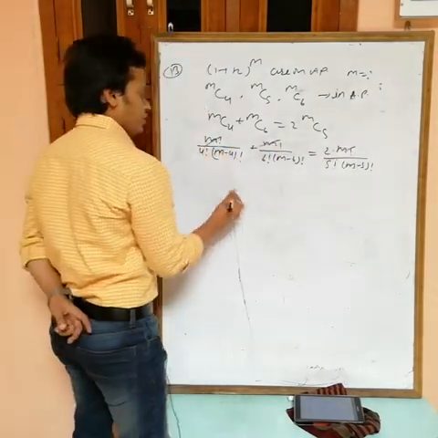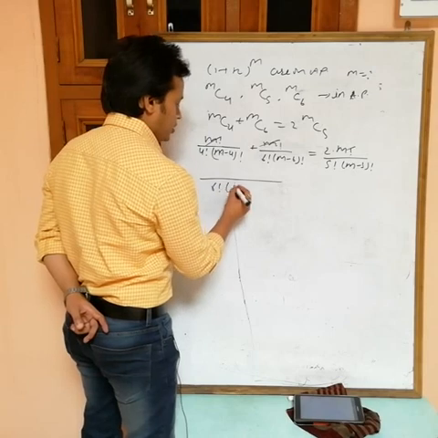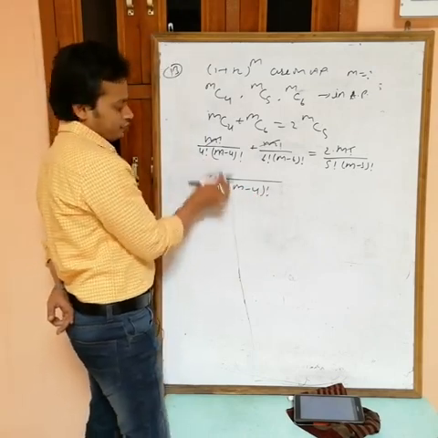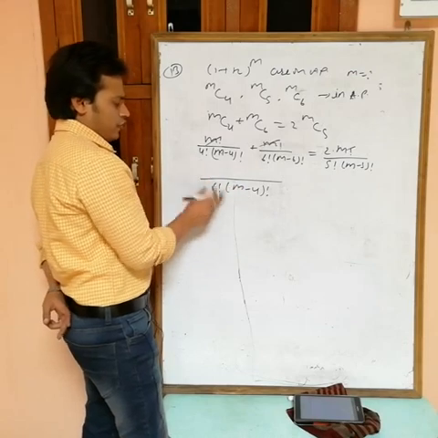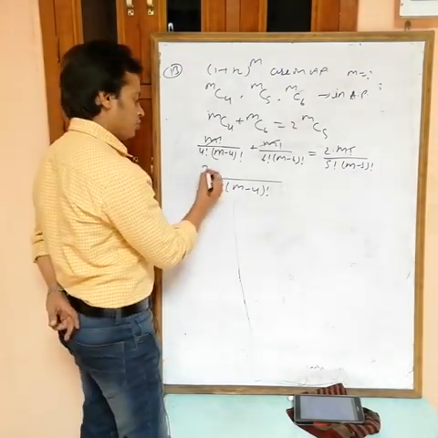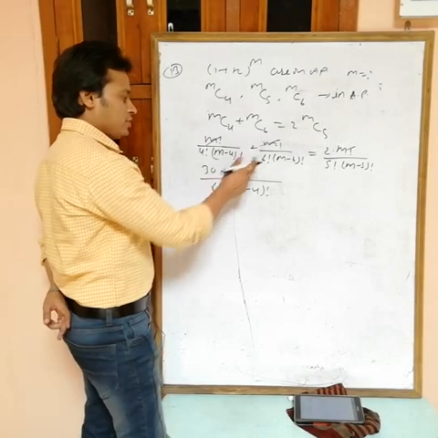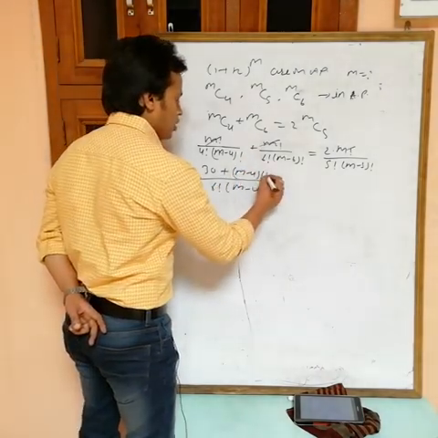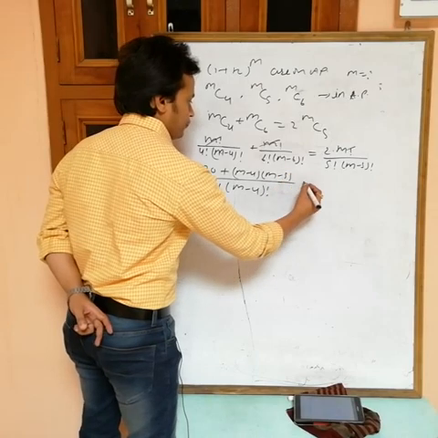Okay. Now in this one you can take LCM 6 factorial into (m minus 4) factorial. Here, divide with this one, you will get 4 factorial cancel out, 6 into 5 remains 30. If you divide with this one, 6 factorial cancels out, then (m minus 4) into (m minus 5).